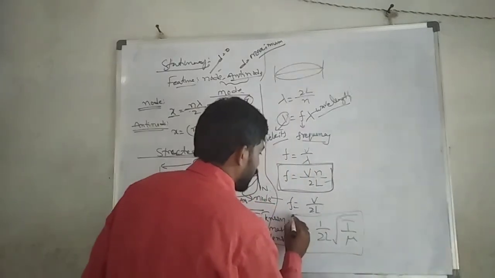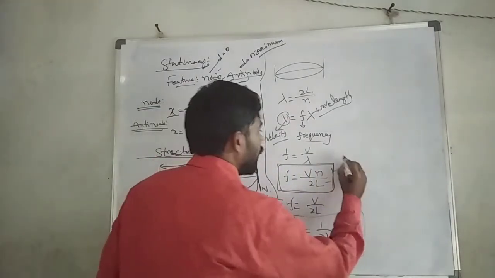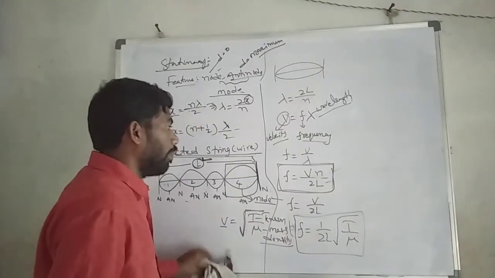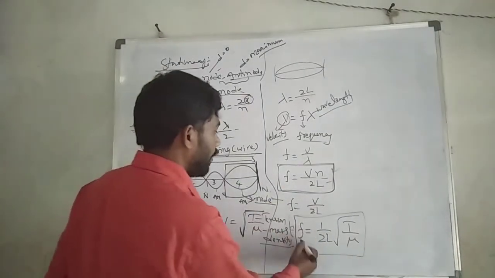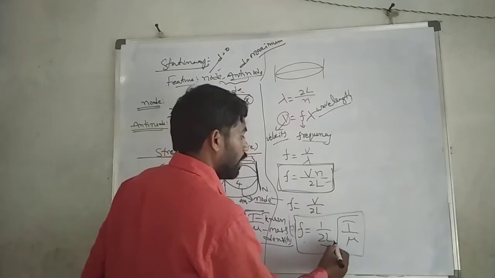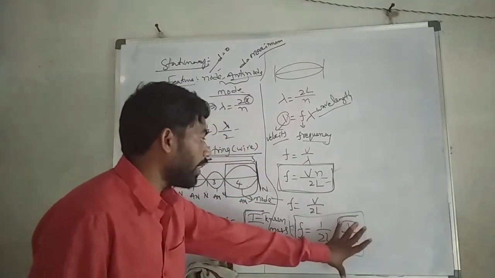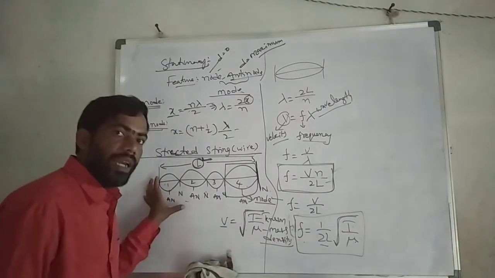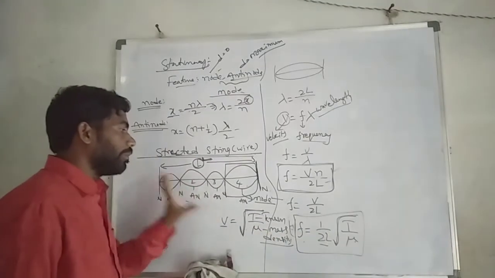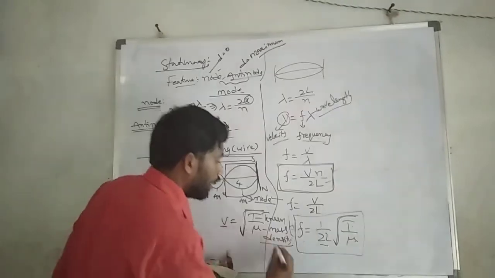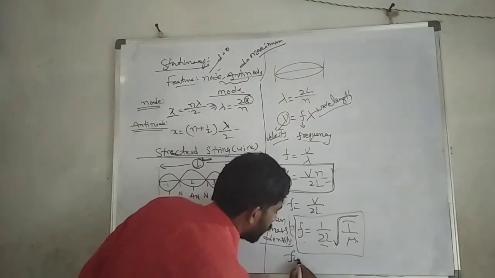This is one of the fundamental formulas. Please learn these formulas by heart: one is vn by 2L, and another is frequency equals 1 by 2L into the square root of T by mu. This is only applicable for a stretched wire, and this is generally called the fundamental frequency.